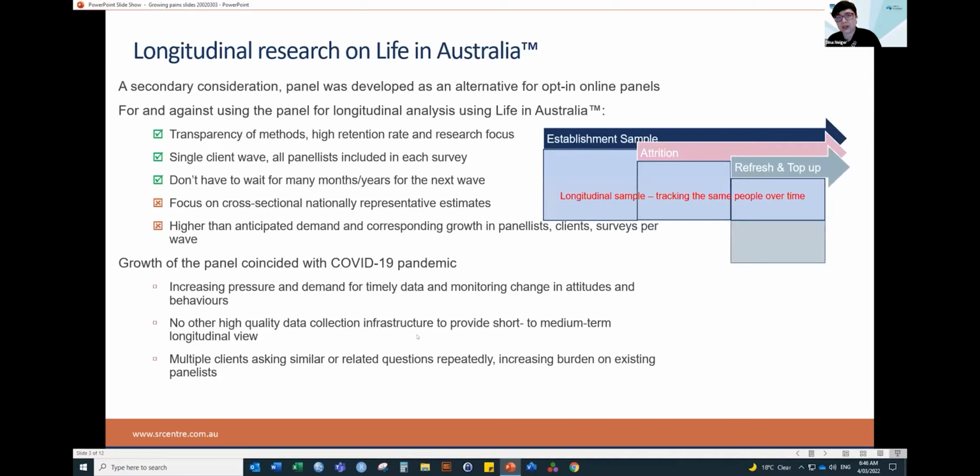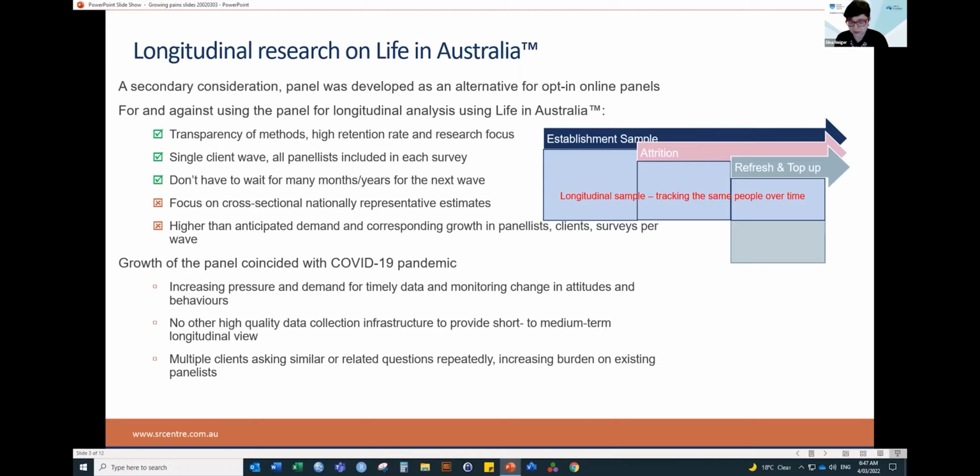Before I start, just a really quick motivation of why we're talking about longitudinal research on the panel. A few years back, if we were talking about a panel, we would assume that we were doing longitudinal research because that's what panels used to be. They were set up to track people over time. They had careful maintenance procedures. You would have a schedule of waves that would follow a particular population, a group of interest over time.